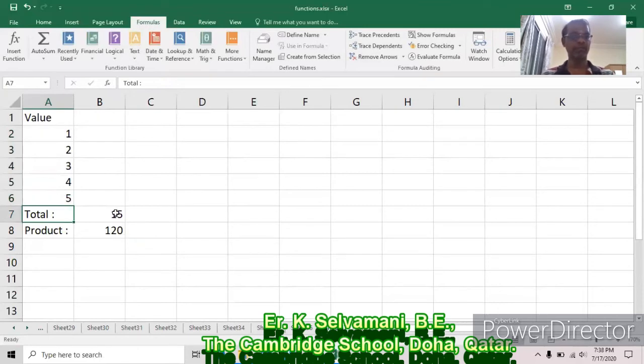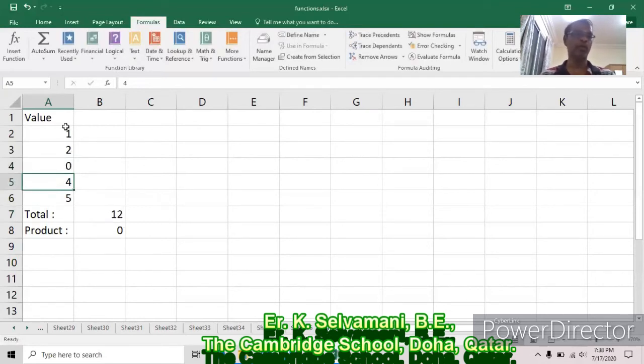See here, total is 15. 1 plus 2, 3, 6, 10, 15, correct, no problem. 1 multiplied by 2, 2. 6, 24. 24 multiplied by 5, 120. If any one of the values is 0, product gives 0.